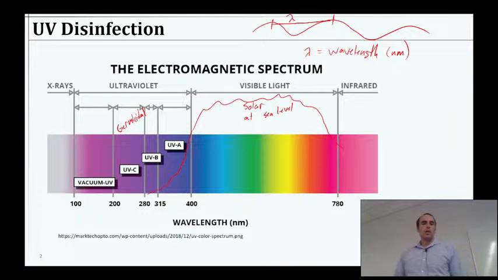Okay, so that's the broad spectrum of light, visible light, UV light, and what we can do with that.